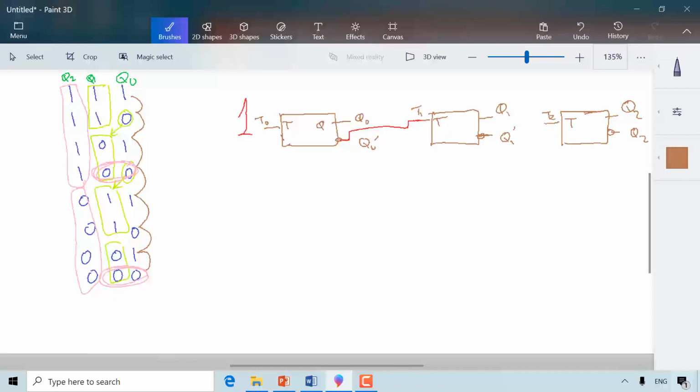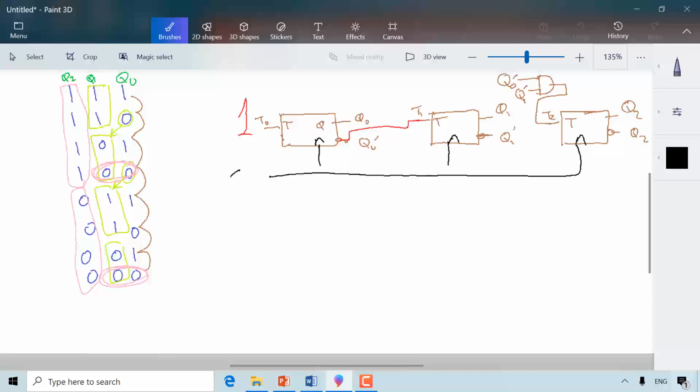Okay, so I take this Q0 prime and Q1 prime. They get into an AND gate, and then send it to T2. Then don't forget the clock. So here's my clock, because these are flip-flops and we are talking about synchronized design.